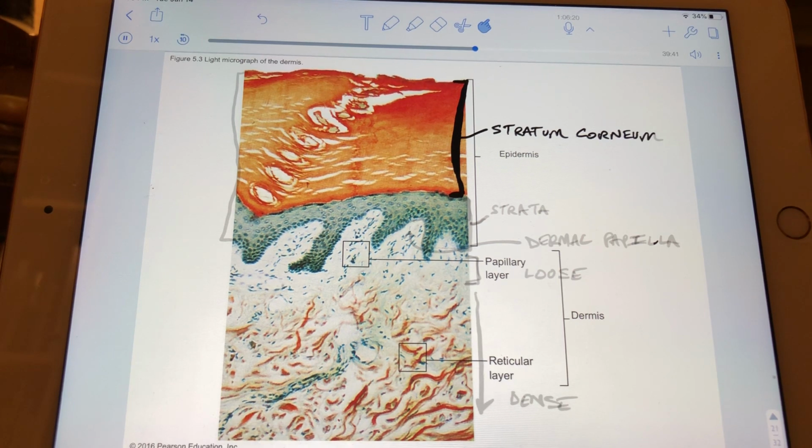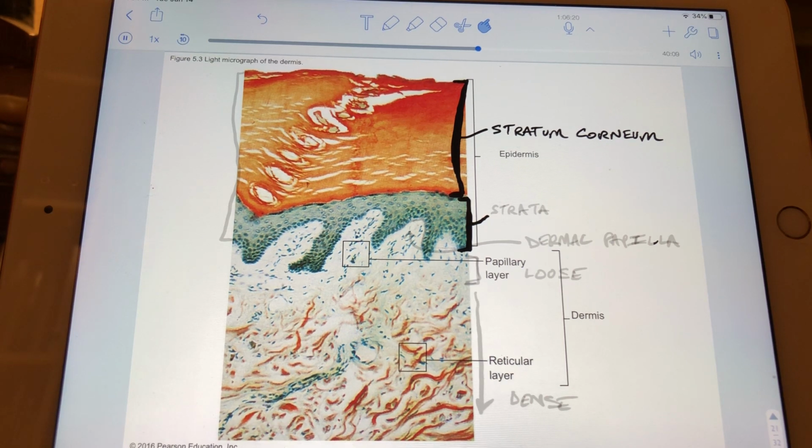Okay, but this region that's colored blue, not literally in your body, but here, colored or colorized blue. This is the living portion of the epidermis. So this is epidermis as well. Lots of students misidentify that as dermis. It's not dermis, it's epidermis.